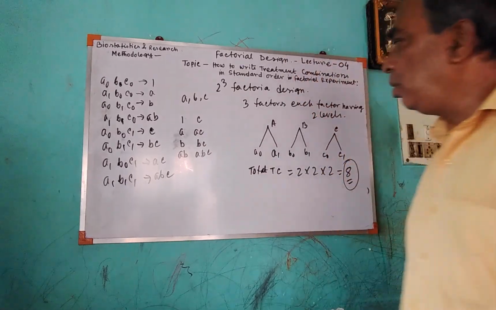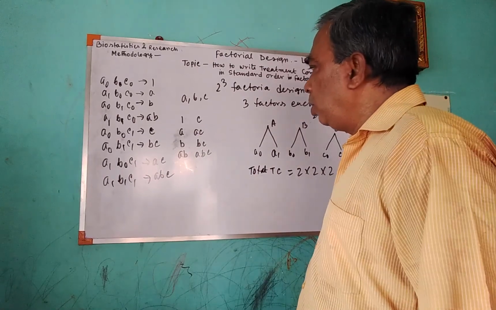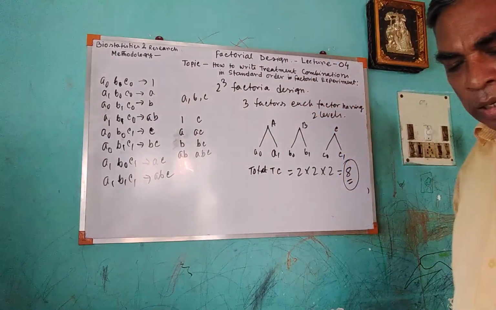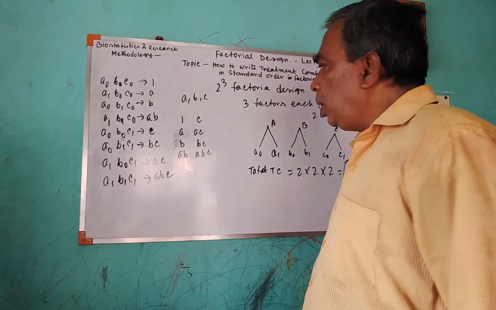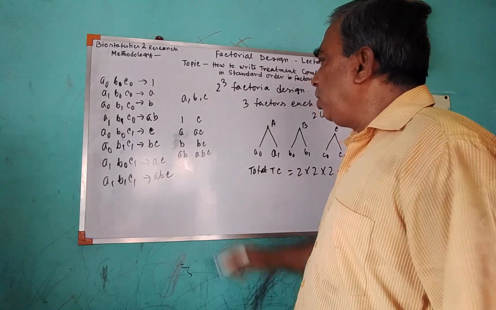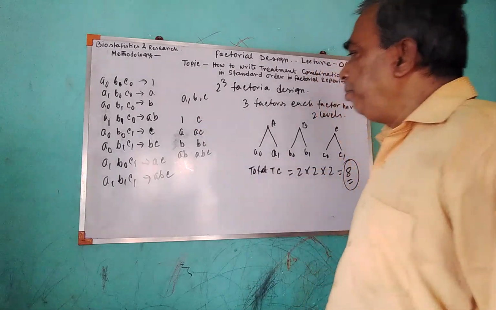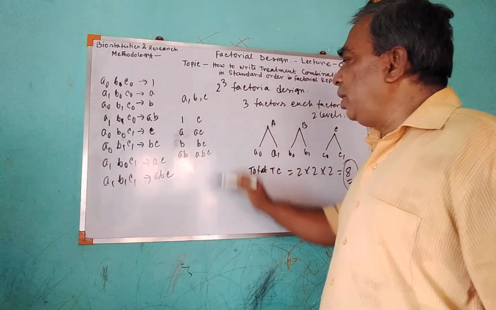You see? So this is the standard order: 1, A, B, AB, then C, AC, BC, then ABC.